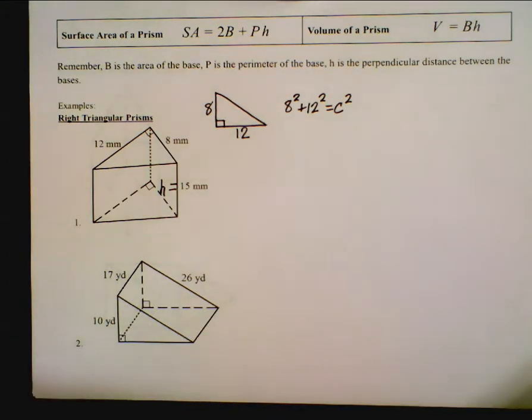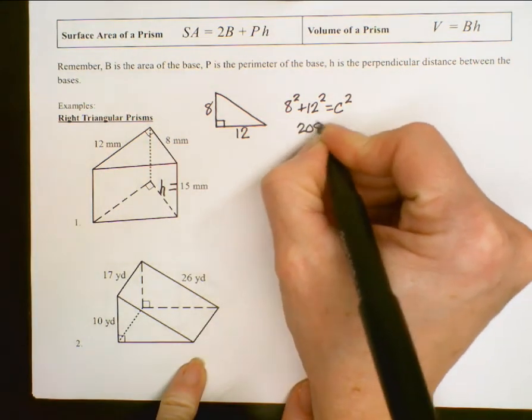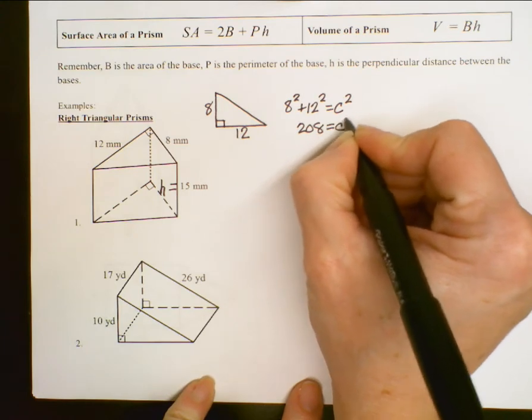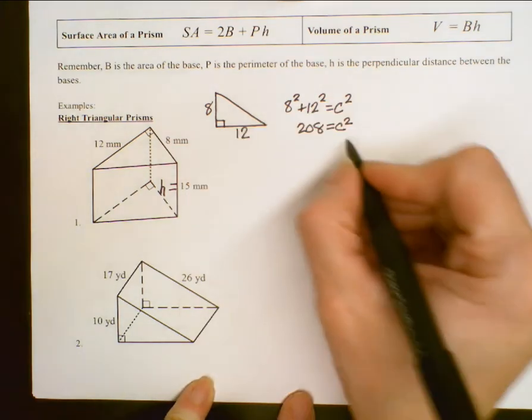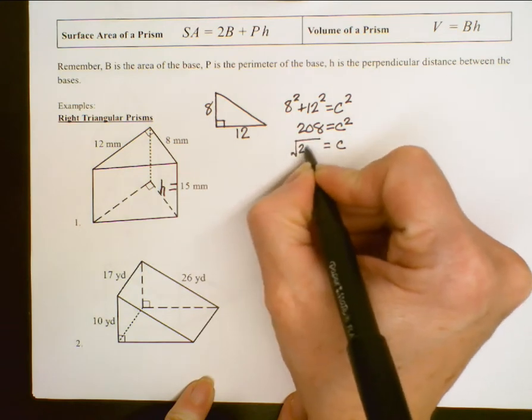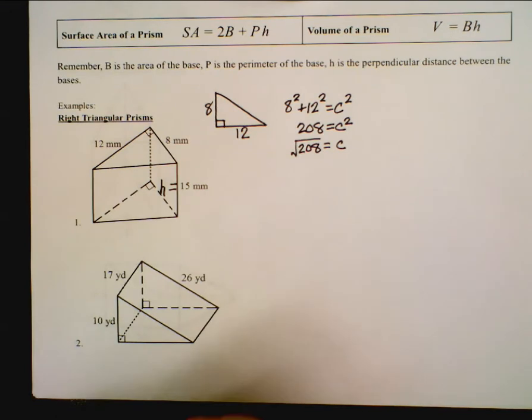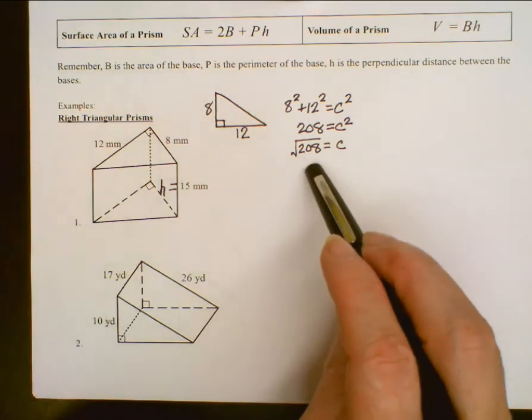Now, once we take 8 squared plus 12 squared, we get 208. And we know that's going to be equal to c squared. However, we need the length of the side by itself, so c would be the square root of 208. It is not necessary to simplify that square root, nor do you want to turn it into a decimal at this point, because that's not your end result.